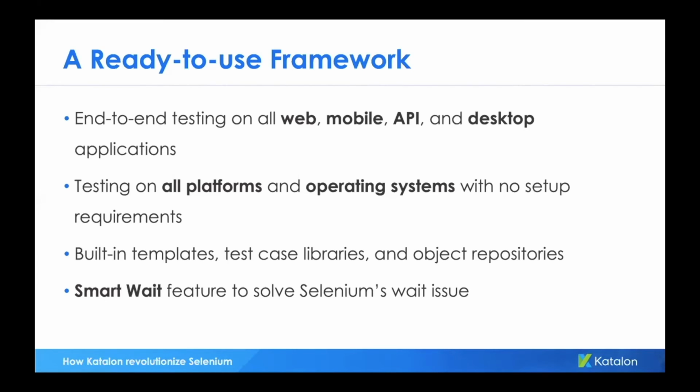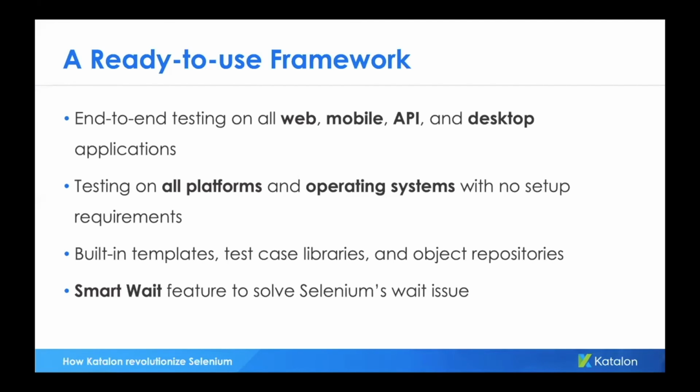We also have built-in templates, test case libraries, and object repositories with no setup requirements so that we can simplify that learning curve for our users. One very clear example is the Smart Wait feature, which automatically waits for all the front-end processes to load before continuing, and that also eliminates the wait issue in Selenium.